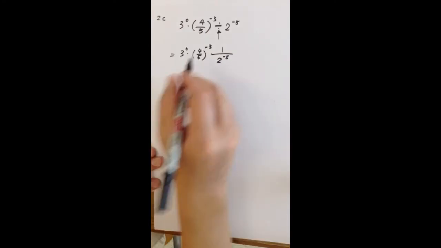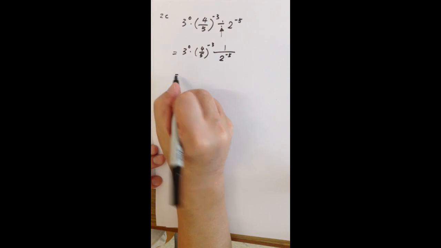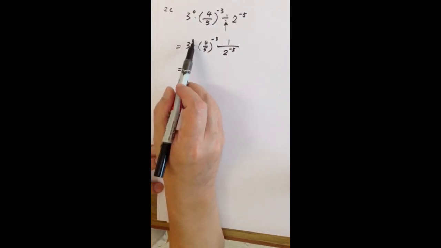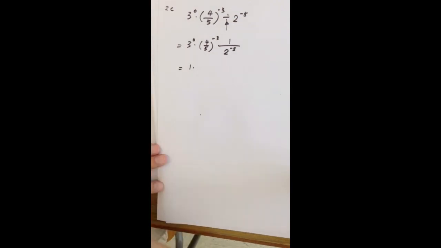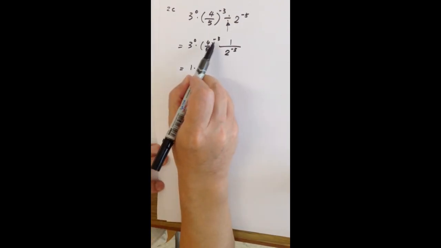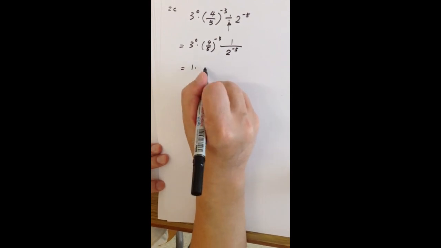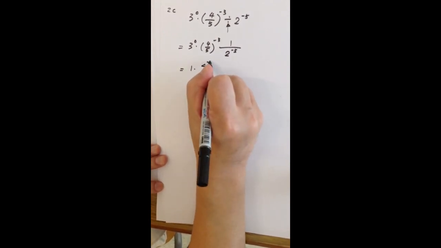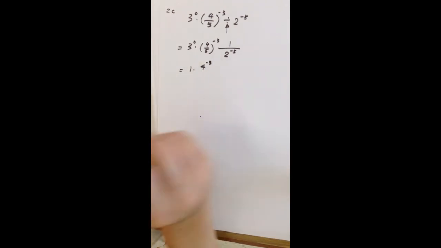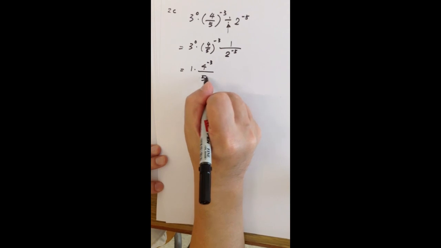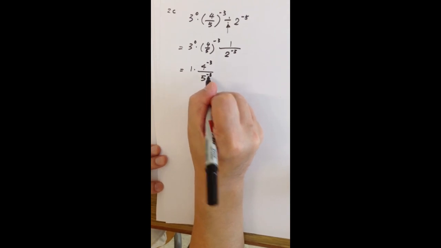And after that, we can simplify the expressions. For the first one, 3 to the power 0, the answer is 1. Yes, very good. 4 to the power negative 3, repeat the same procedure as 2a and 2b. We can expand it out, remove the bracket, 4 to the power negative 3, and then 5 to the power negative 3.